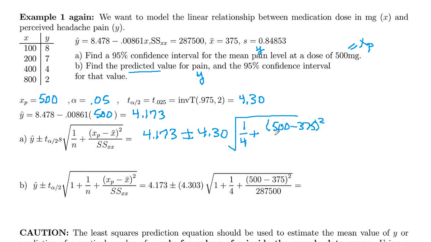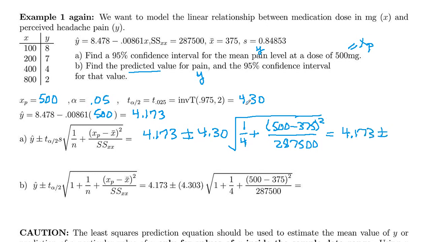That gets squared. We're dividing by the sum of squares of xx, 287,500. So it's this 4.173 plus or minus.